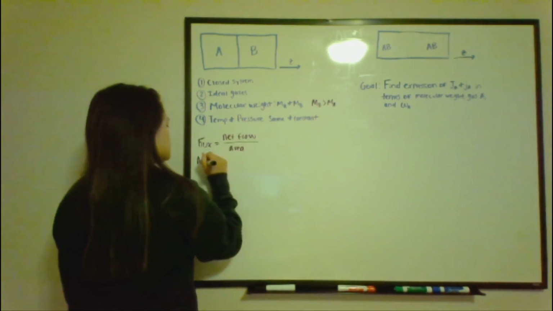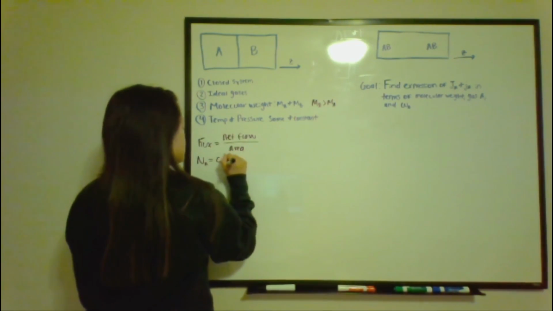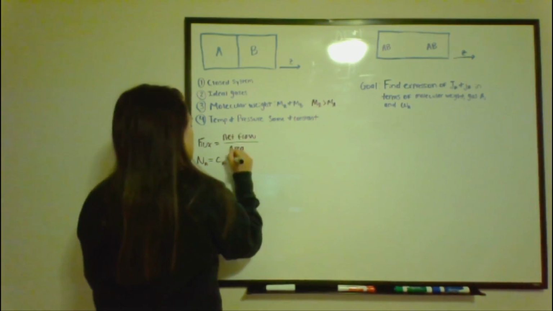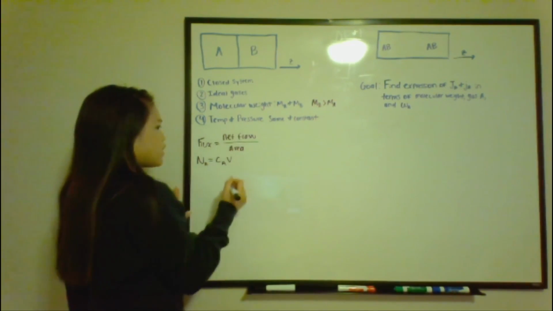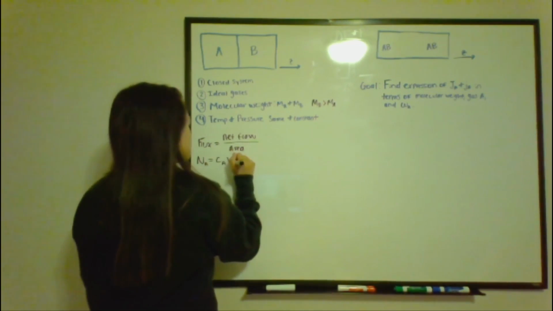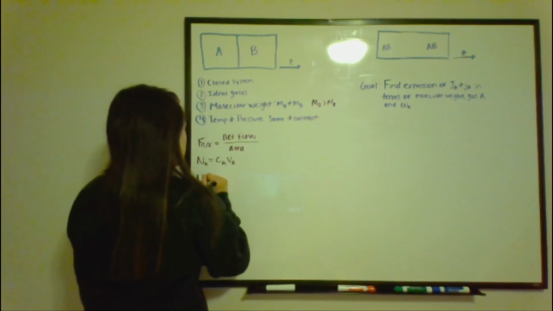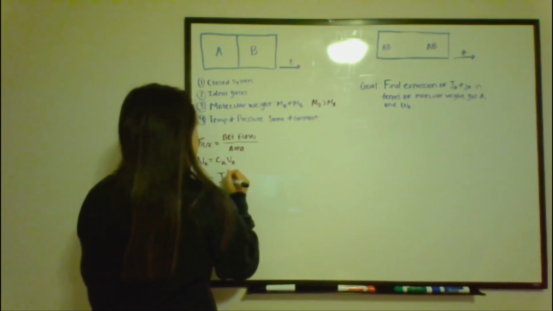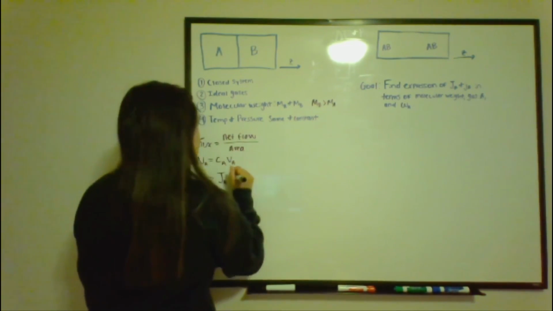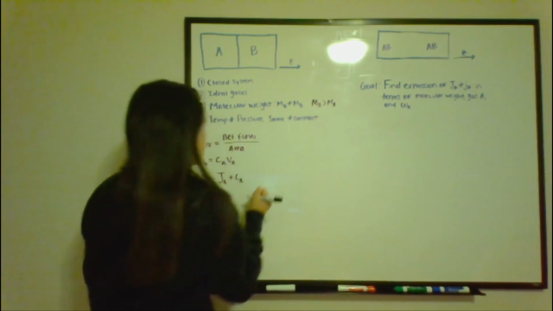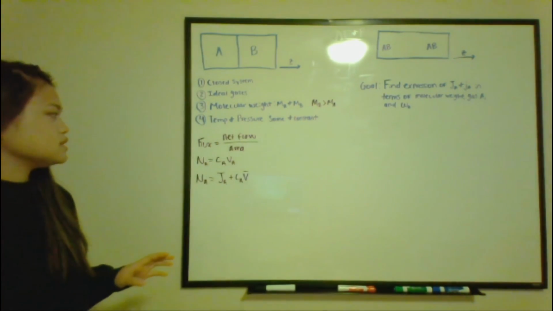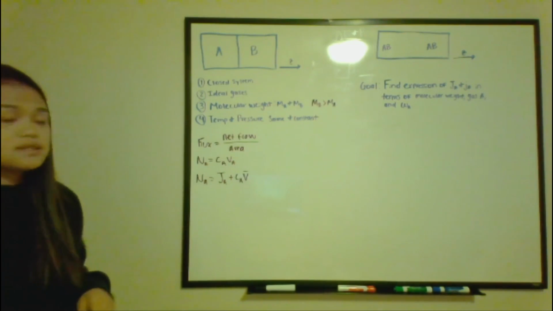The molar flux of A is going to equal the molar concentration of A, I'm putting this in terms of species A, and the molar average velocity of A. We are also given another one. The molar flux is the molar diffusive flux of A plus the molar concentration of A times the net molar average velocity.